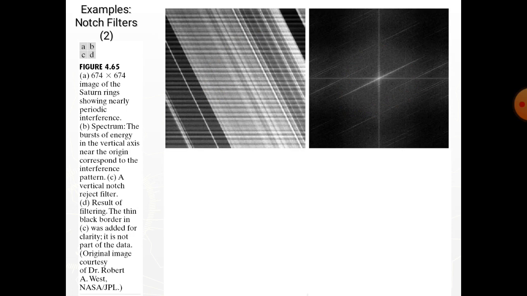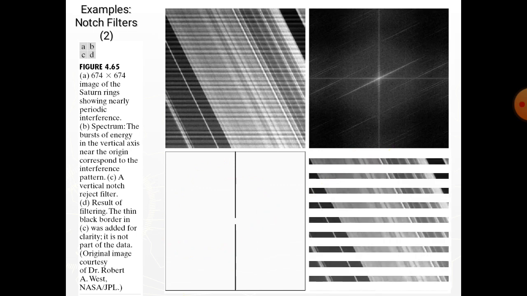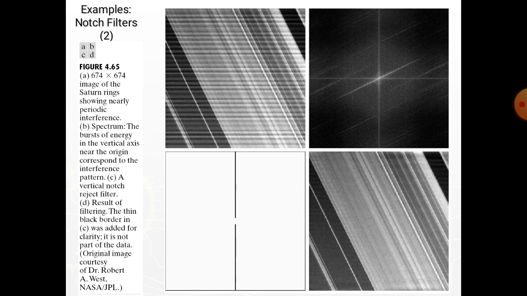A simple approach is to use a narrow notch rectangle filter starting with the lowest frequency burst and extending for the remainder of the vertical axis, as in figure C, where white represents 1 and black represents 0. Figure D shows the result of filtering the corrupted image with this filter. This result is a significant improvement over the original image.